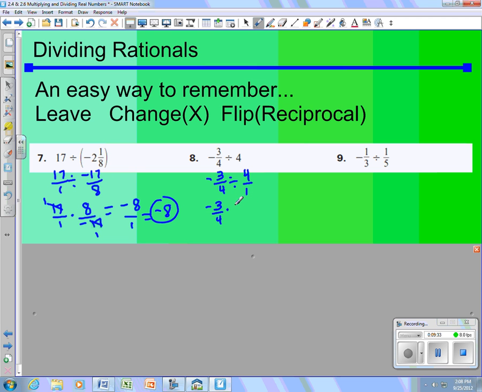The reciprocal of that is 1/4. Now I don't have anything to reduce because both these 4s are in the denominator, so I can't reduce them. So I'm going to go negative 3 times 1 is negative 3, and 4 times 4 is 16. So our answer would be negative 3/16.